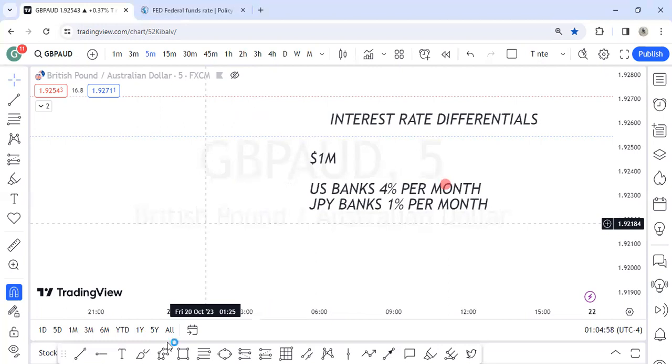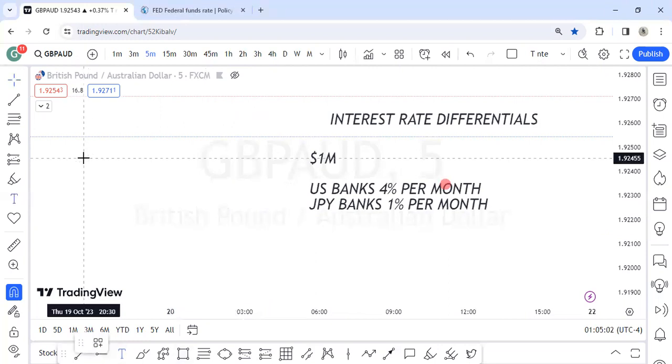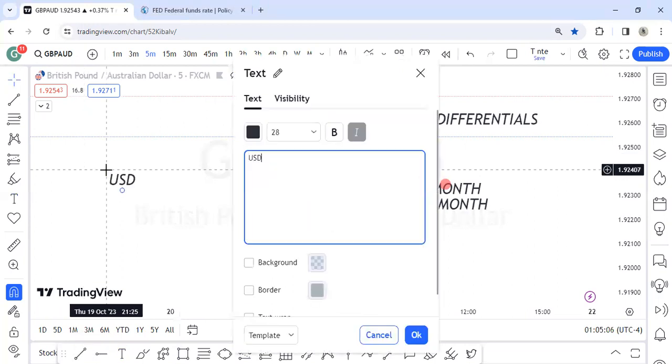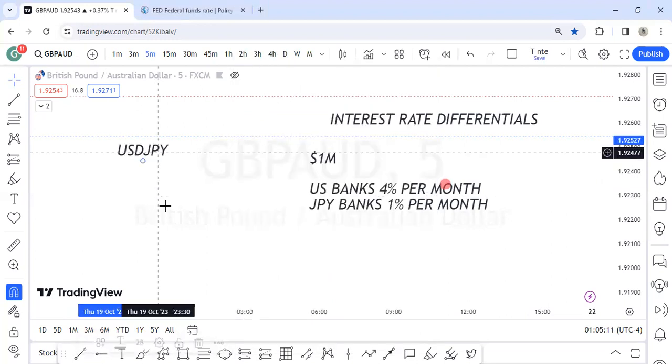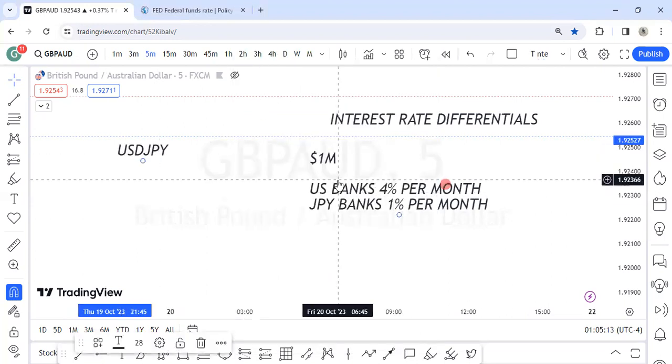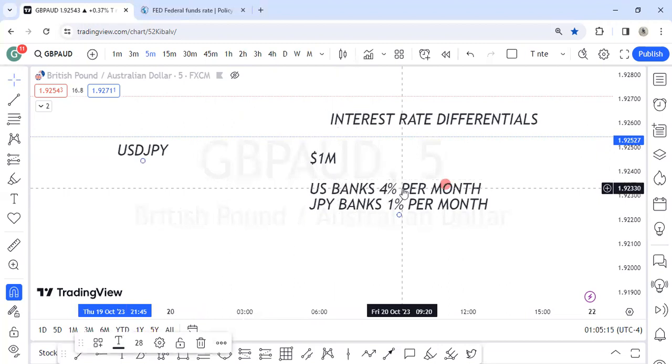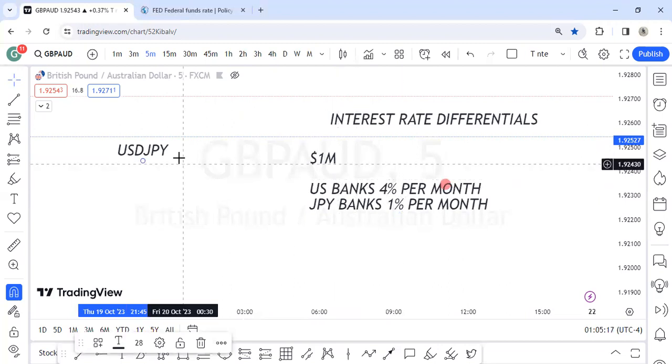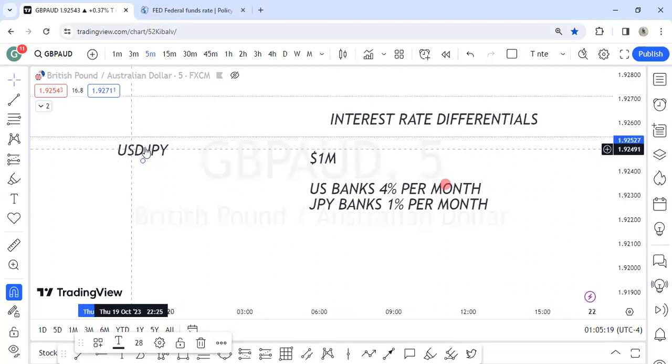This simply means that if you have a currency pair like USDJPY, right? So USDJPY should be bullish, because the US banks are having a higher interest rate. So people will be betting on the USD against the JPY.